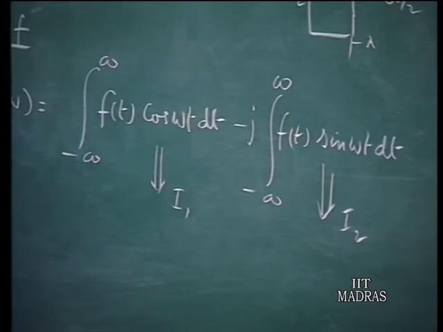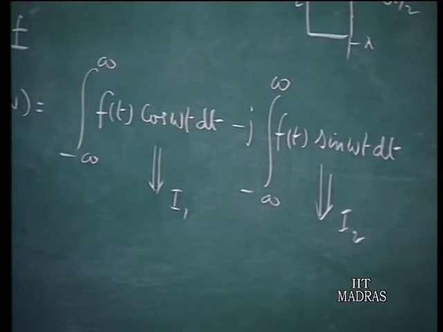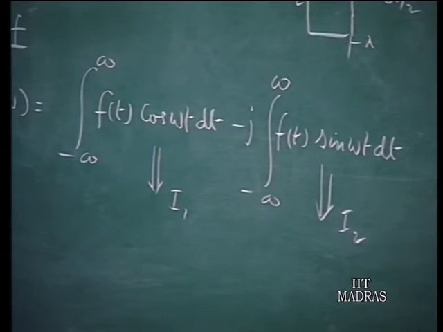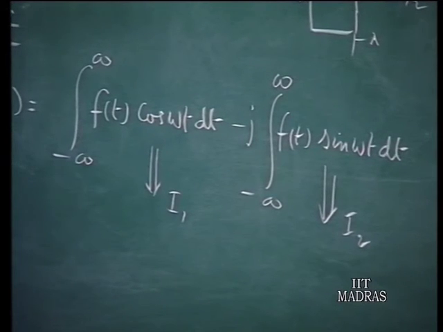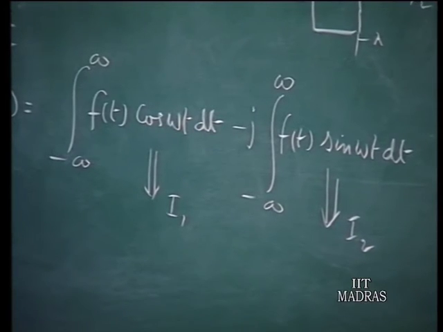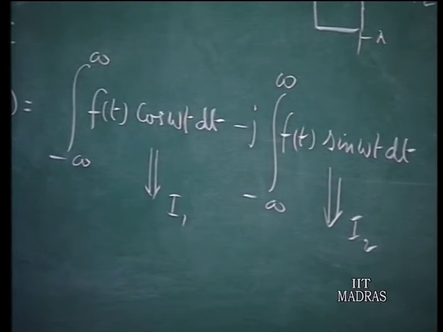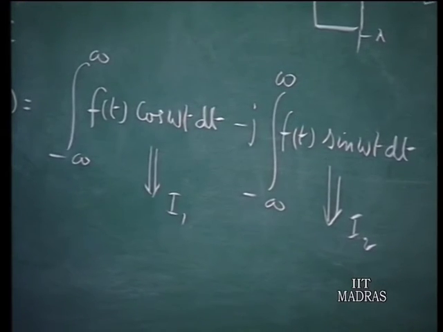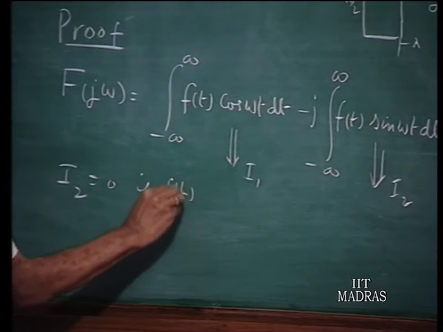Therefore the integral I1 will be twice the value of the integral from 0 to infinity. On the other hand, I2 involves f of t times sin omega t. Therefore that is an odd function of time, and we are integrating between symmetrical limits. Therefore the value of the integral from minus infinity to 0 will be exactly the negative of the integral from 0 to infinity. So as a consequence, I2 is 0 if f of t is even.